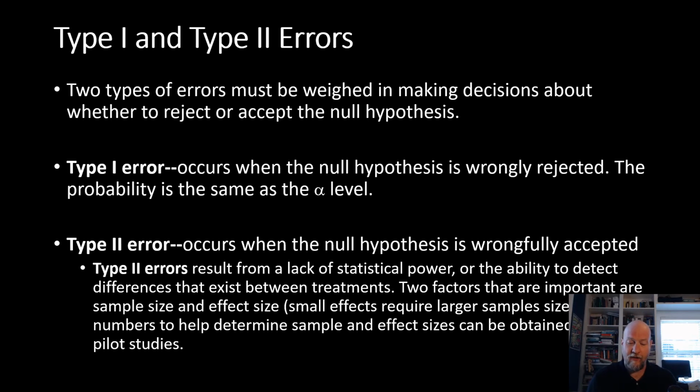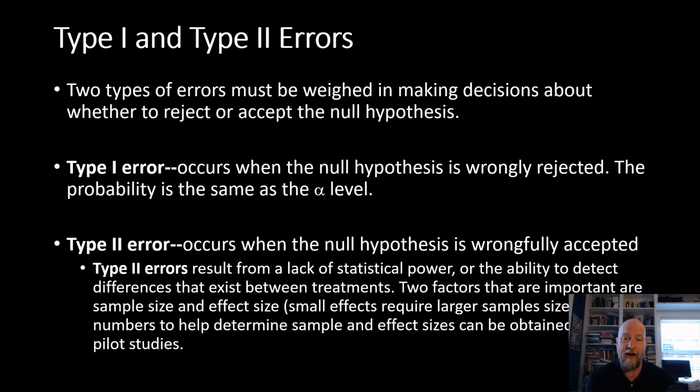A type 1 error is when the null hypothesis is wrongly rejected. Essentially, what you're saying is that I'm rejecting the null hypothesis, I'm rejecting the idea that there is no relationship between these variables, but in fact, in reality, there isn't one. And as you know, with a p-value of 0.05, you're still saying there's a 5% chance that this observed relationship, even though it doesn't seem likely, could still just be due to random chance alone.